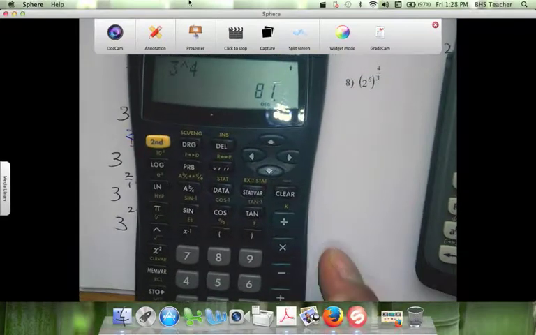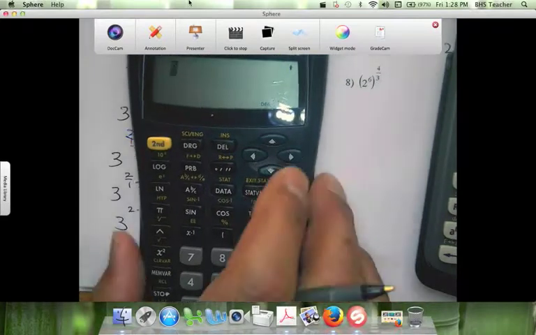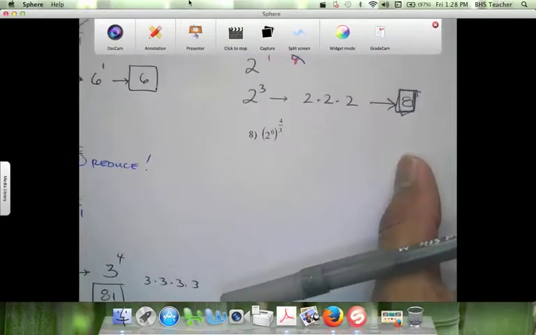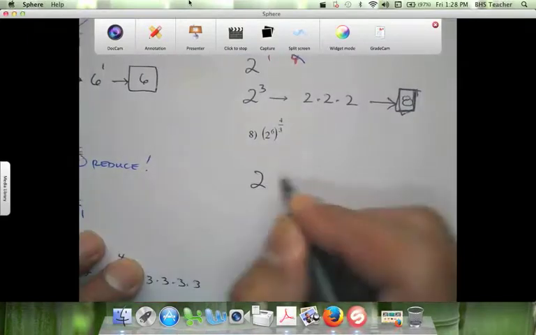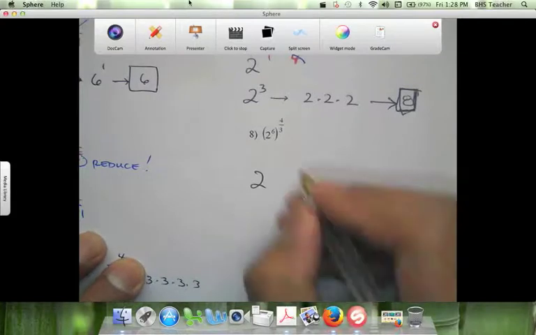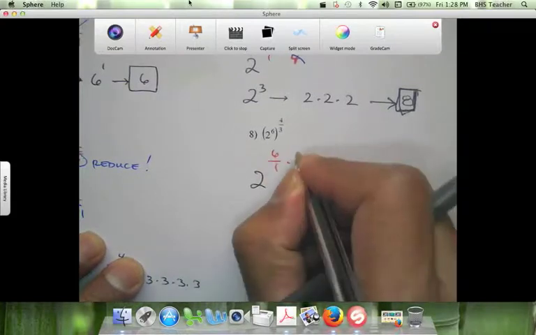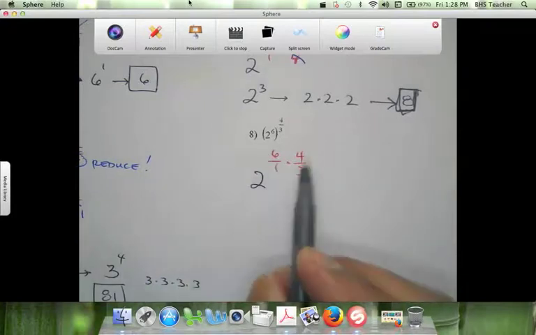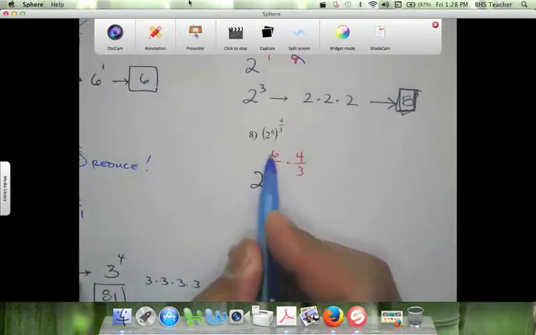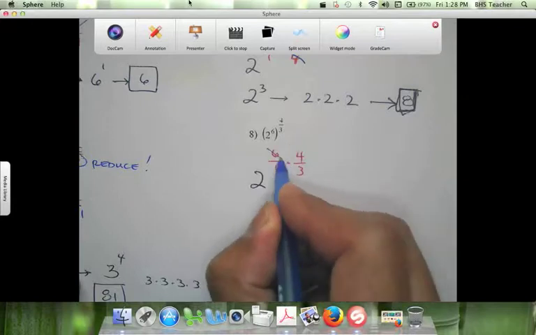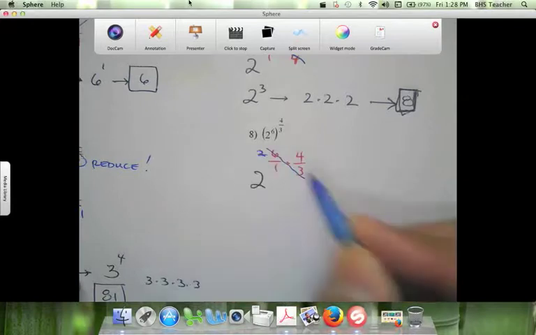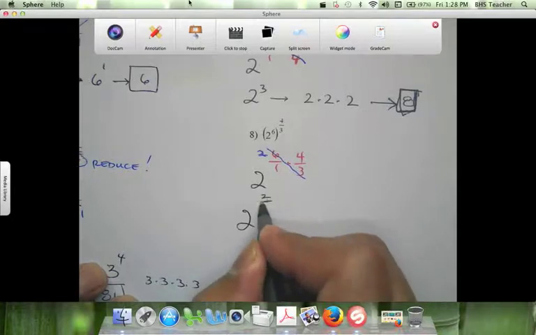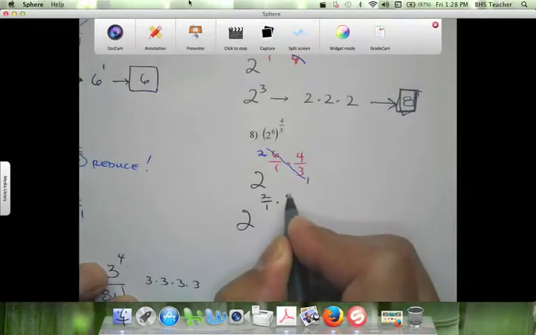Okay, last problem. Two, 6 over 1 times 4 over 3. The 6 and the 3 can simplify here. That'll leave you with a 2. 2 over 1 times 4 over 1.